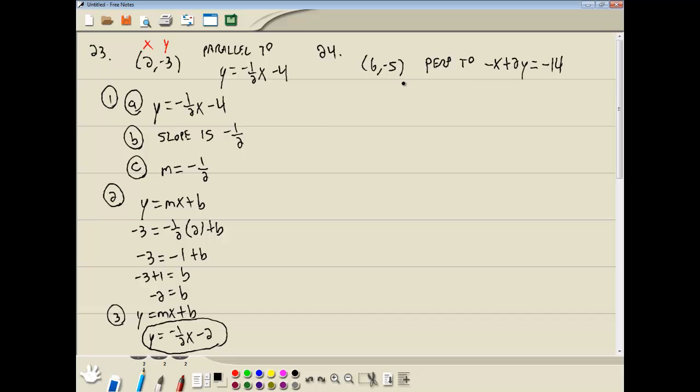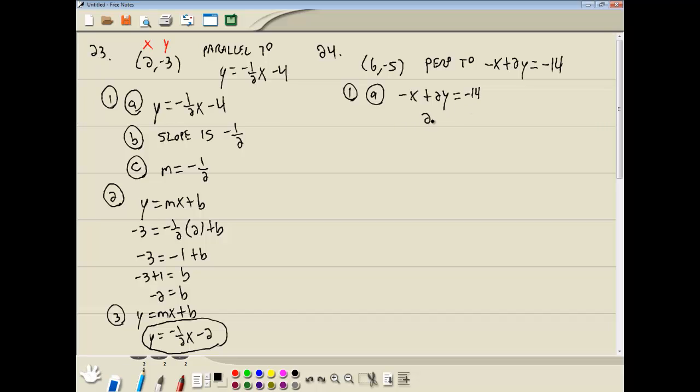Okay, and these are the steps for finding the equation of a line given a point and a perpendicular line. So step 1, find m. The first sub-step is to write the given line in slope-intercept form. Well, this time it's not in slope-intercept form, so we have to solve for y.